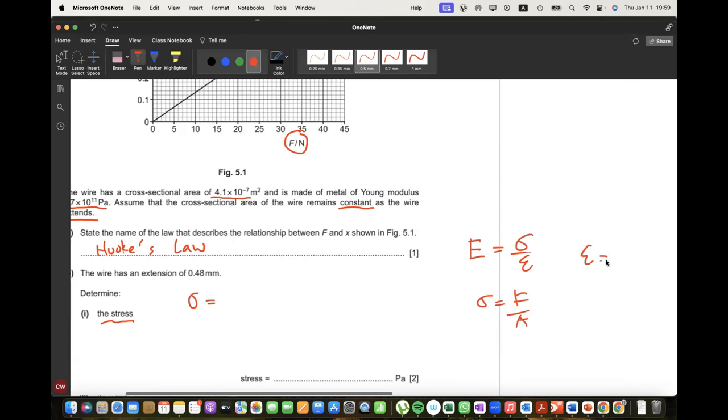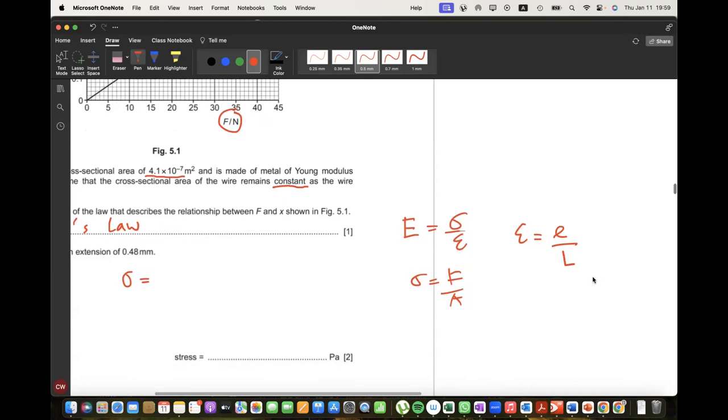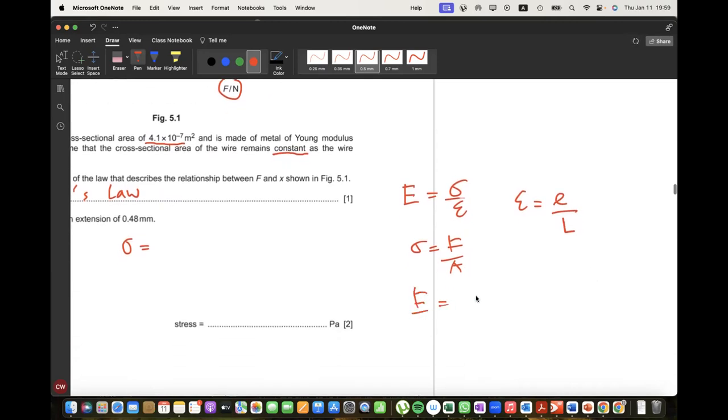What is strain? Extension over original length. So the Young modulus is F over A divided by e over L, which at the end is FL over AE. This is the formula that we always apply for Young modulus. Okay.